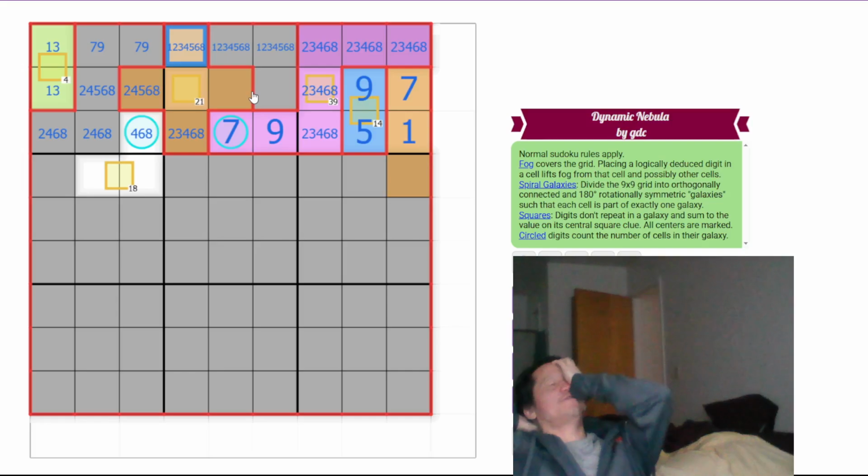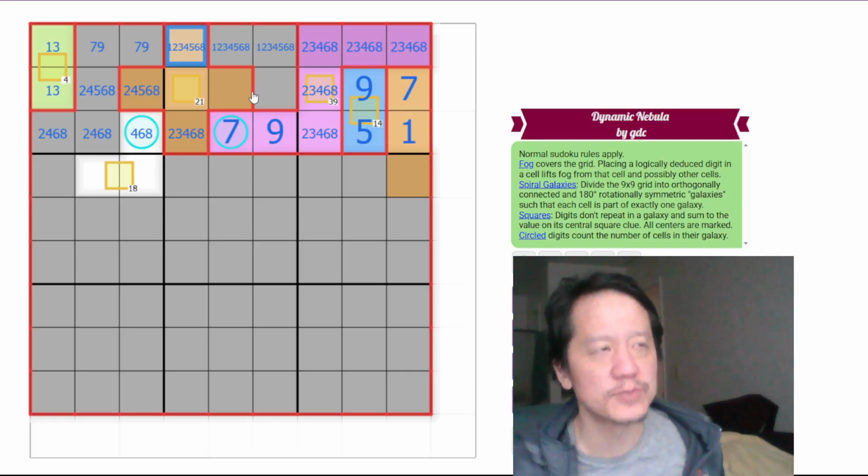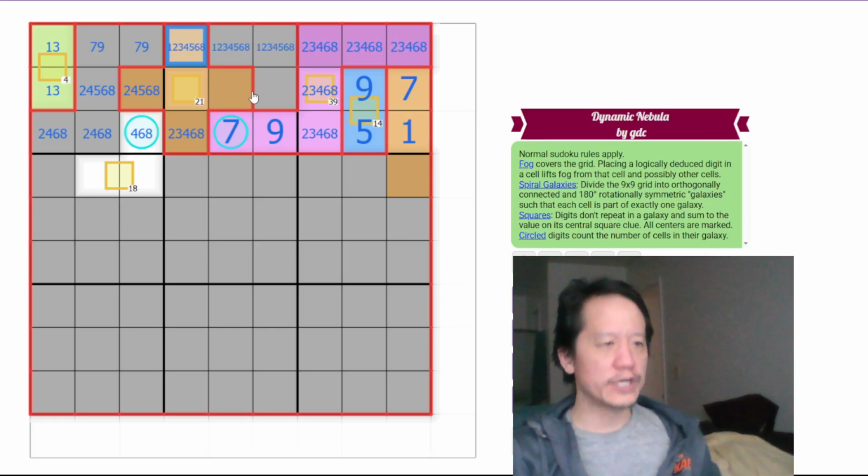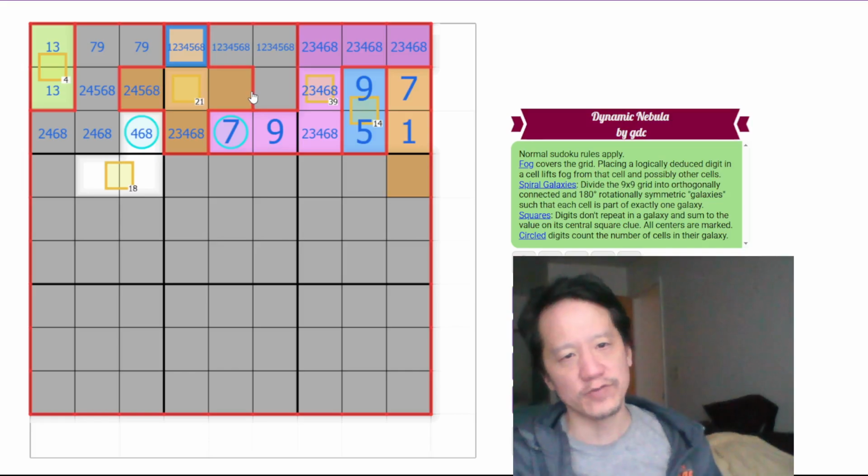From 1, 2, 3, 4, 6, and 8, that's 21 plus 8 is 29. So we have to subtract out 2 digits that add up to 8. Well, 1 has to be part of it.